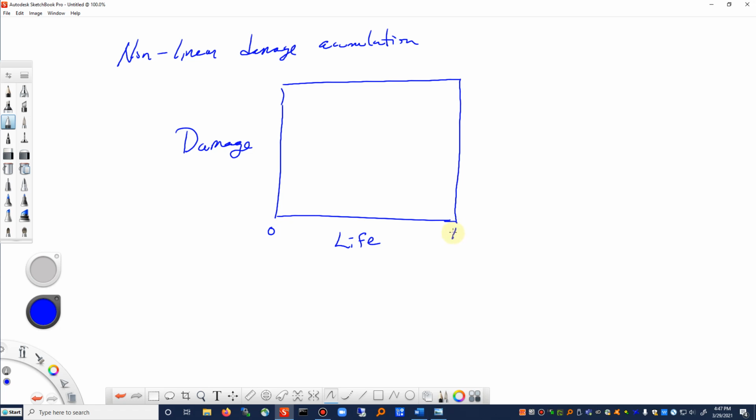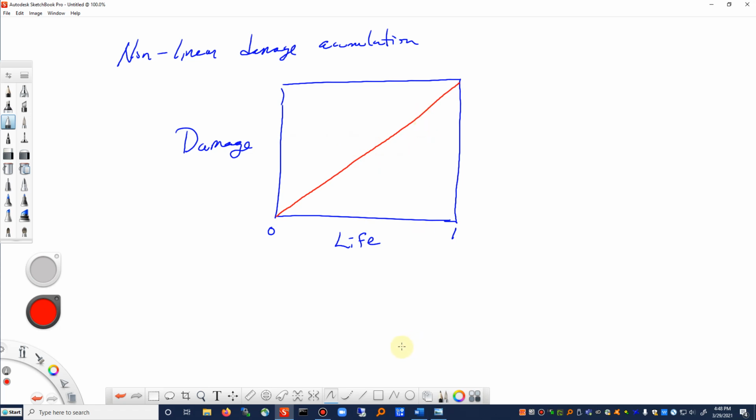So this is a case where we are exactly at the 1 for the fracture, the breaking in half of a component that we're testing, whether it's a specimen or a component. With linear damage accumulation, what we're saying is that we have a nice straight line relationship between damage and life. If we're halfway through the life of the component, we've done half the damage. We're 3/4 of the way, we've done 3/4 of the damage.